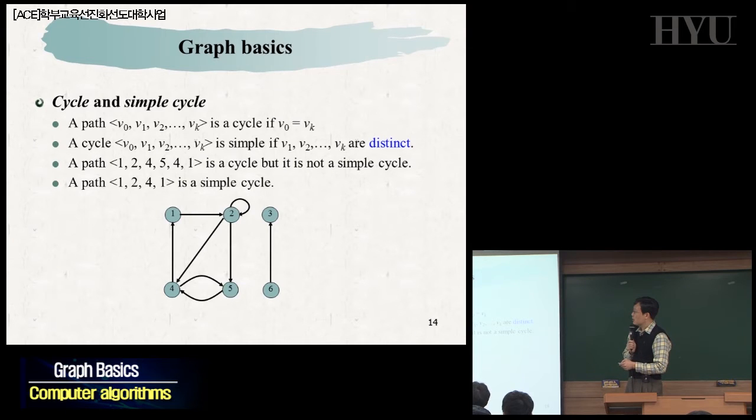Because the starting vertex is the same as the ending vertex, it is a cycle. But it is not simple. Why? 4 appears twice in the cycle, so it isn't a simple cycle. But this cycle, 1, 2, 4, 1, is simple.